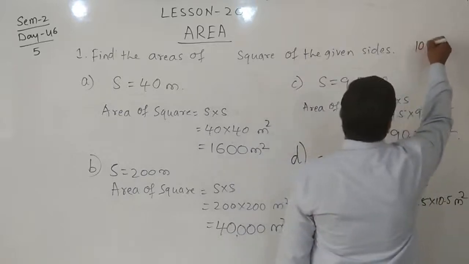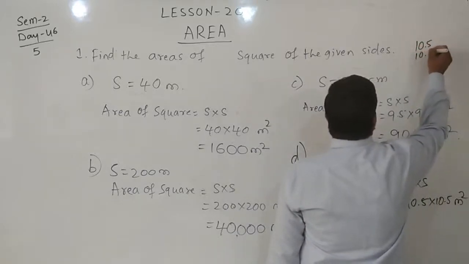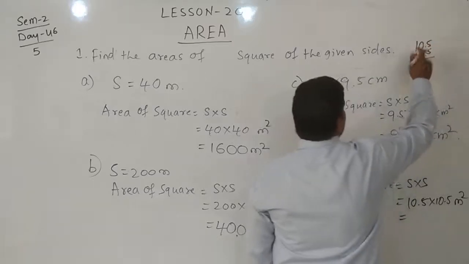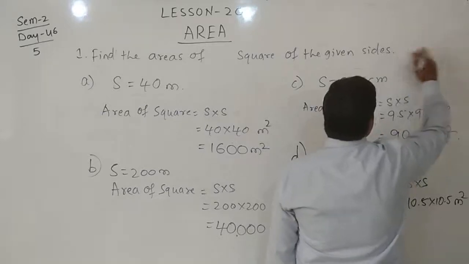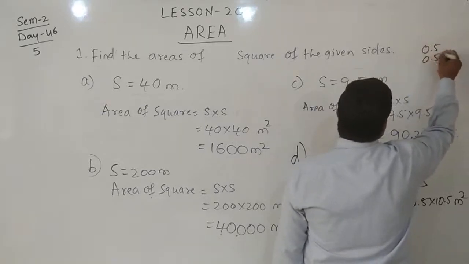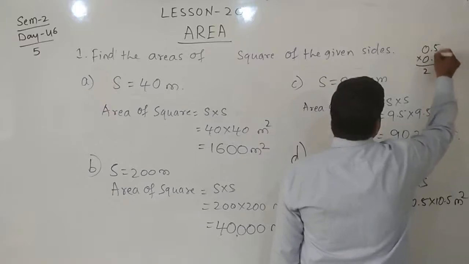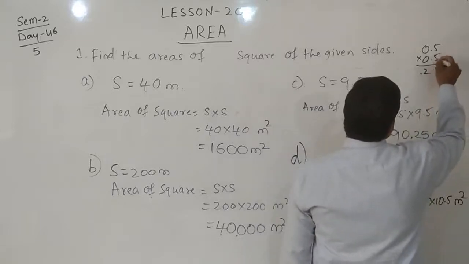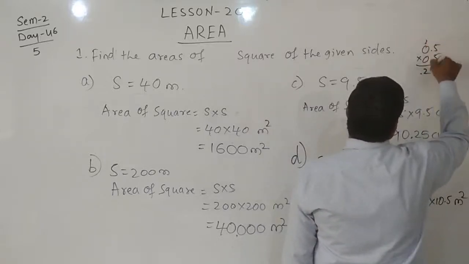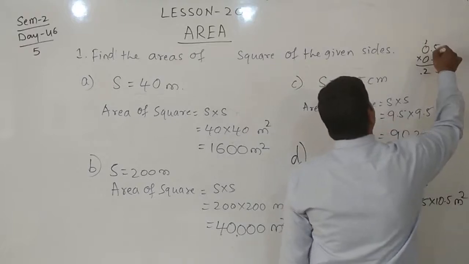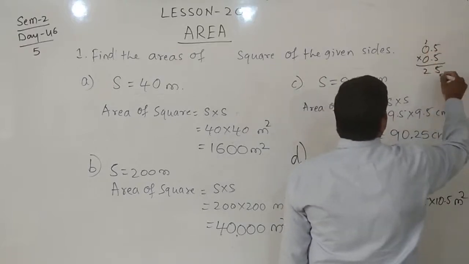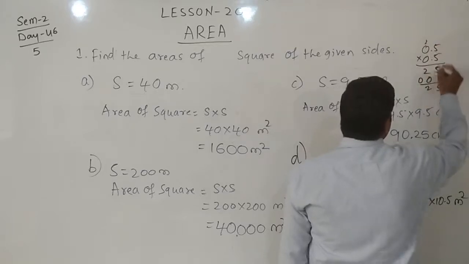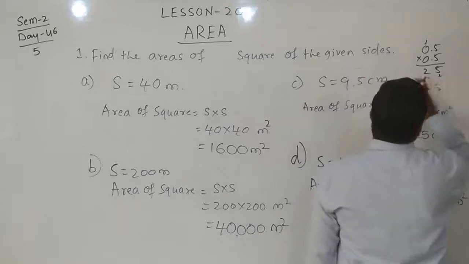Otherwise we can do 10.5 into 10.5 directly. Or 10 tens we know already, then 0.5 into 0.5, multiply. 5 fives are 25, with 2 decimals, so 0.25.